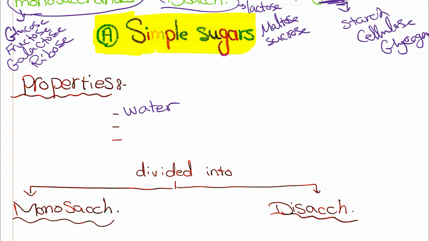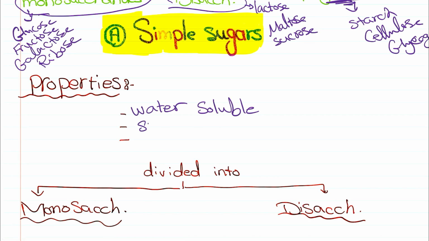Will it be dissolved or not? Yes, it will be dissolved, so it is water soluble. Taste this cup of water after dissolving the sugar. It will be sweet, so it has a sweet taste. And finally, they have low molecular weight.